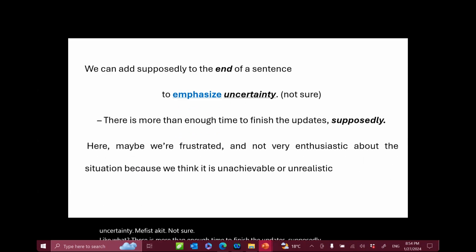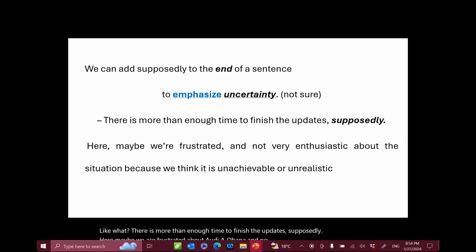Here maybe we are frustrated, في إحباط أو ضيقة, we are not very enthusiastic about the situation because we think it's unachievable. يعني متضايقة إنه أنا حاسة إنه الموضوع كله unachievable، مش بيتحقق، unrealistic، مش حقيقي. There is more than enough time to finish the updates supposedly.